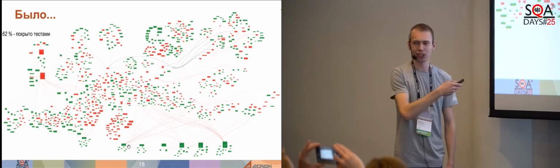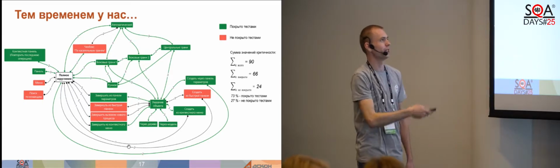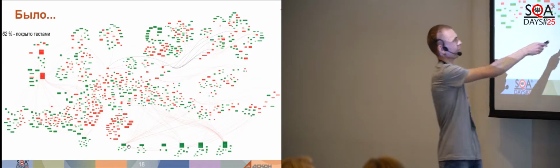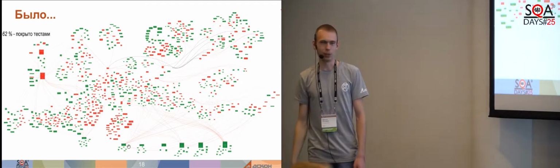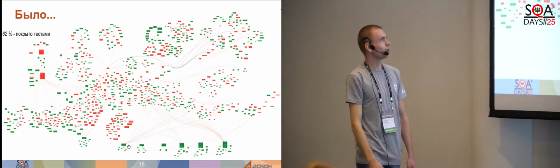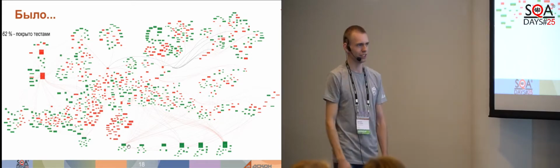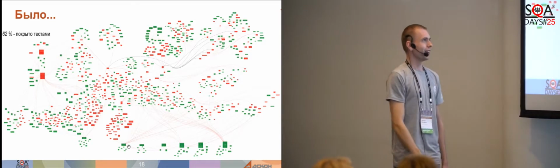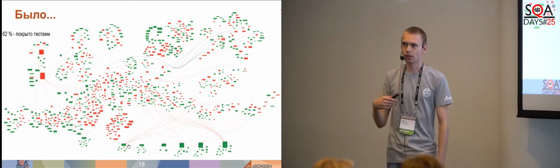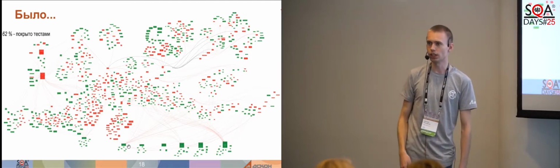But you have to understand that here you see what is white in the previous diagram. So here it already consists of some components. So it's much more complex than it might seem at first glance.